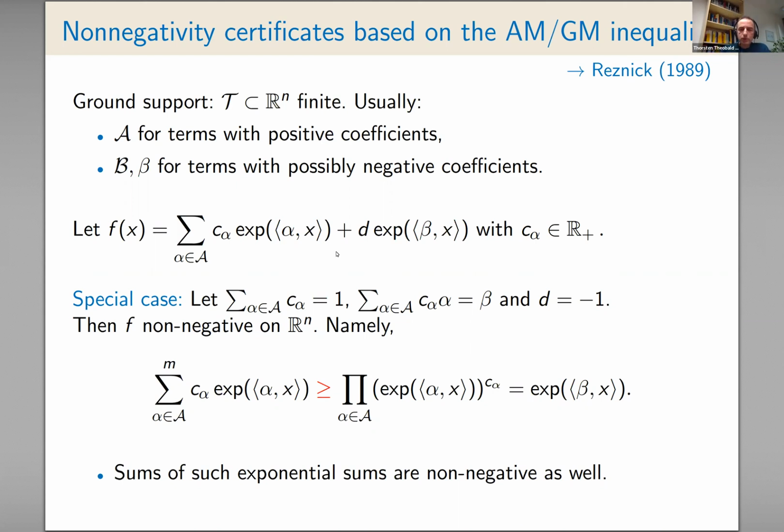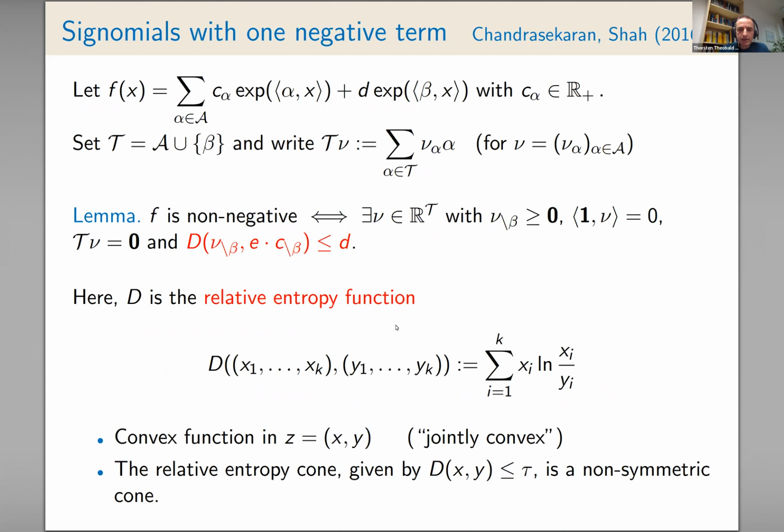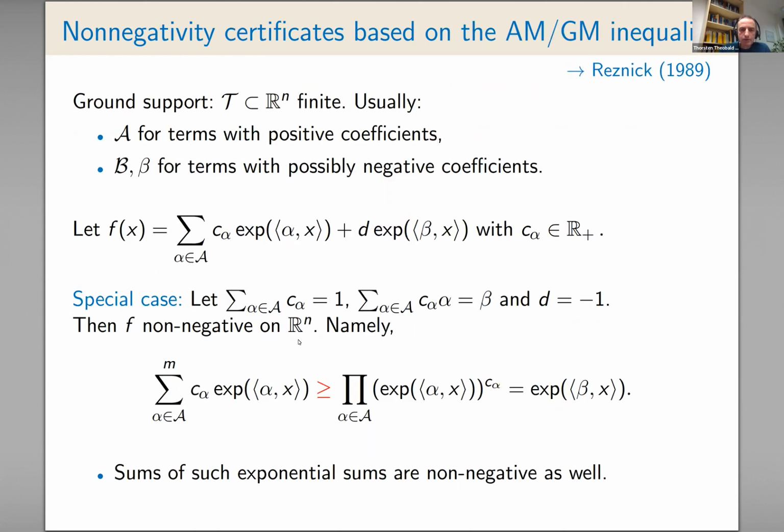And this can be seen if we look at a very special case, where all the coefficients C alpha sum to 1, where the C alpha describe a convex combination of beta. We describe beta in terms of the convex combination of these elements in alpha. And if d is equal to -1, then in this situation, f is always non-negative on the full space.